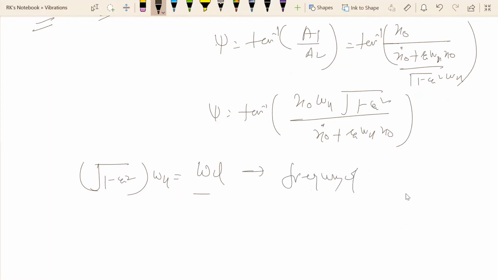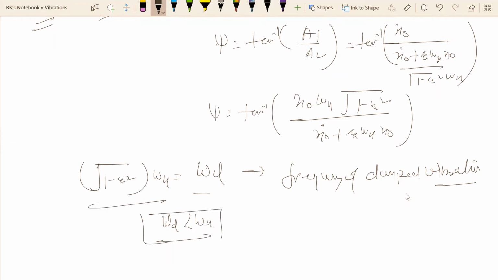From this formula, we conclude that omega d is always less than omega n.